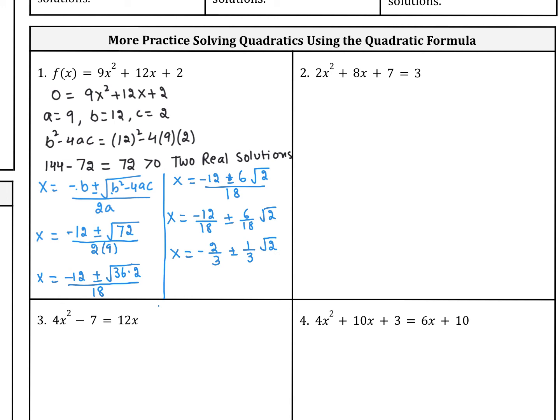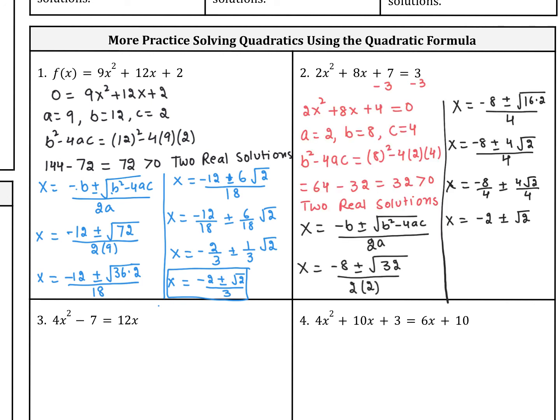So you have two answers: negative 2 plus or minus square root 2, all divided by 3. And you can tell there are two real solutions because one is with the positive sign and one with the negative sign. And we already saw that we are going to have two real solutions.